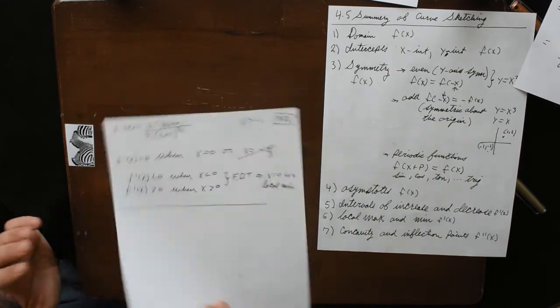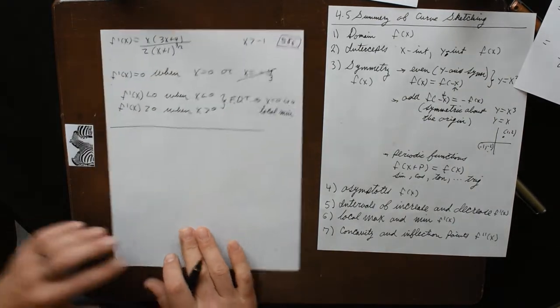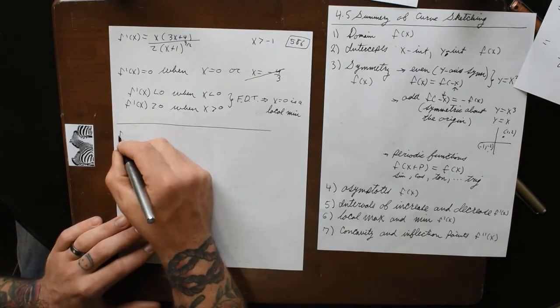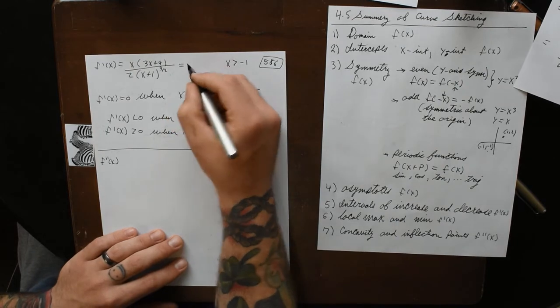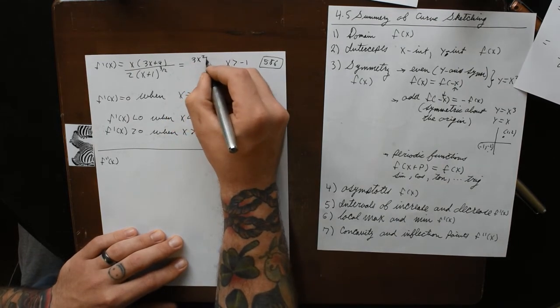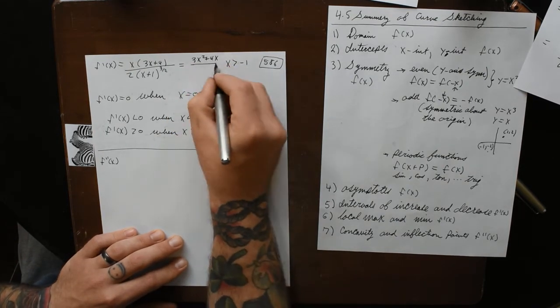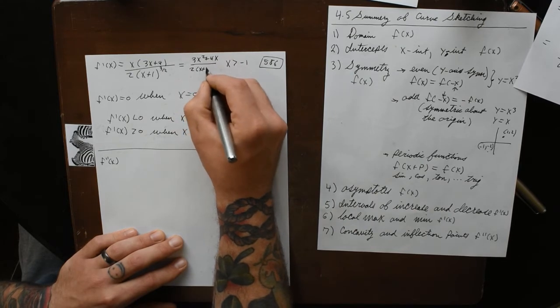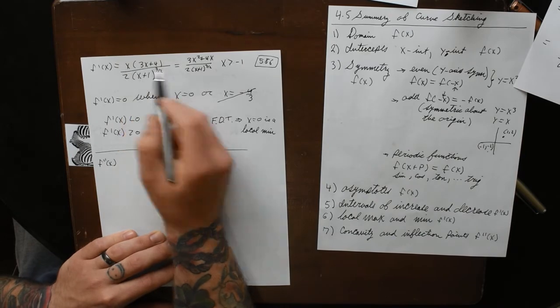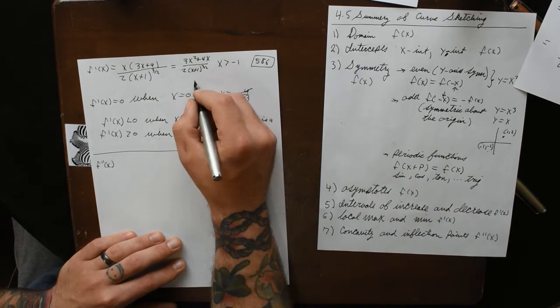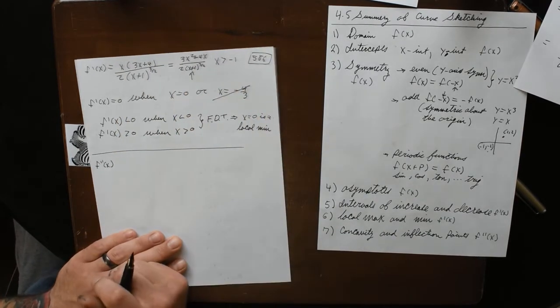f double prime of x, and this is another one that's going to be long, we'll finish that on another sheet of paper. f double prime of x, and I'm going to use (3x squared plus 4x) divided by 2 times (x plus 1) to the 3 halves. I'm just going to multiply that x back in, and I'm going to use the quotient rule on that thing.